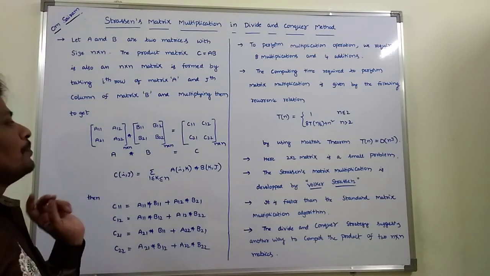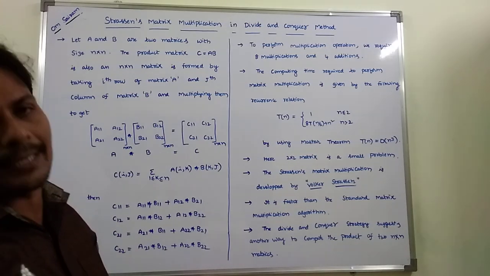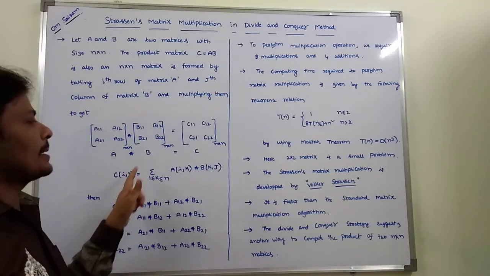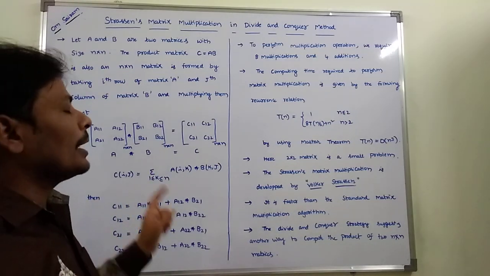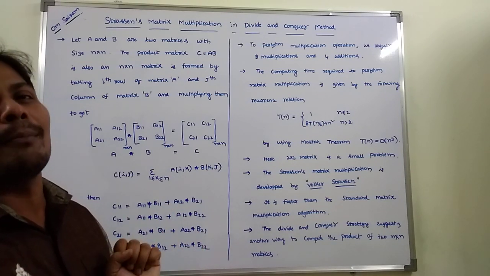Then we can get the resultant matrix C. So C of ij is equal to sigma, 1 less than or equal to k less than or equal to n, of A of i comma k into B of k comma j.